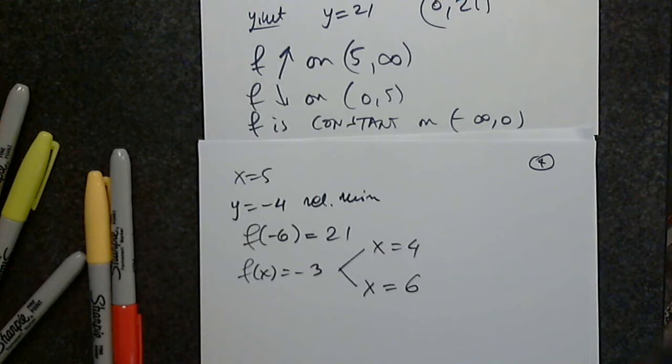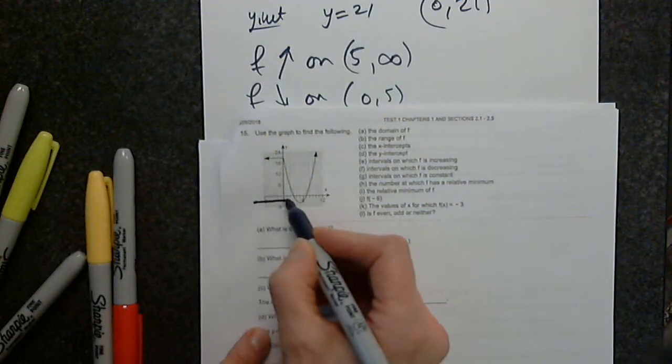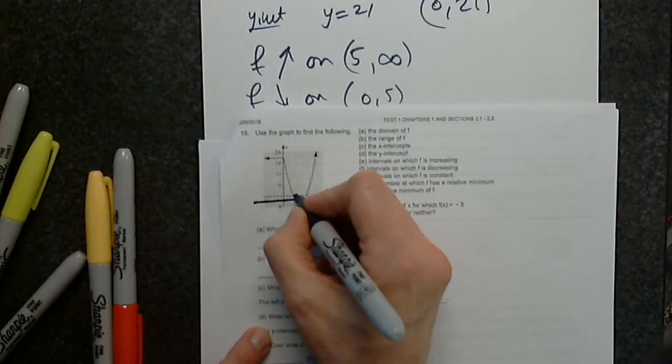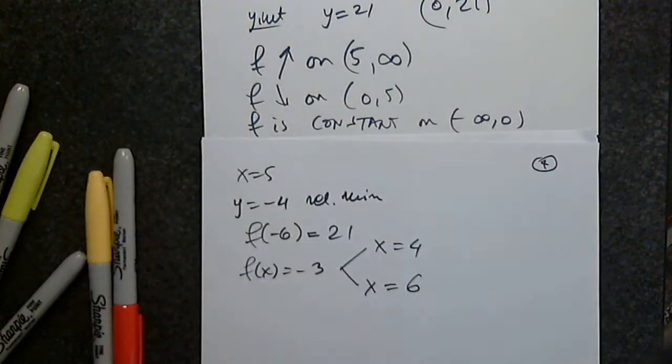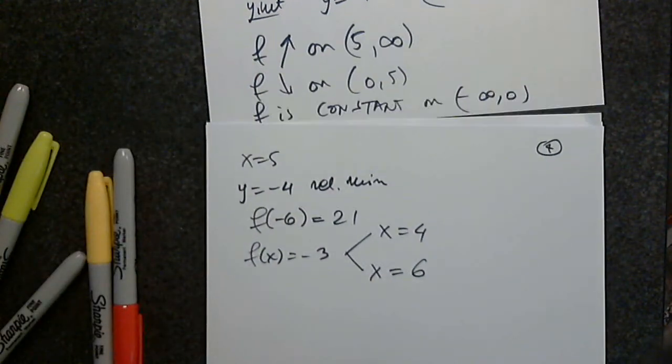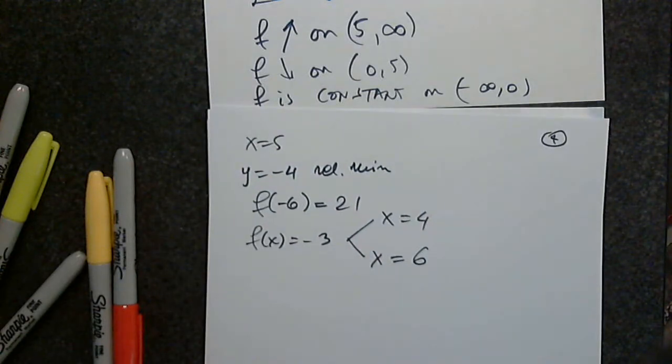Oh, 21. Is that what you're saying? Because f of x equals -3 means this. It hits the graph in 2 points and I read the x values. 4 and that's true. I agree. 4 and 6. Yes. The values of x. Is f even, odd, or none of the above?